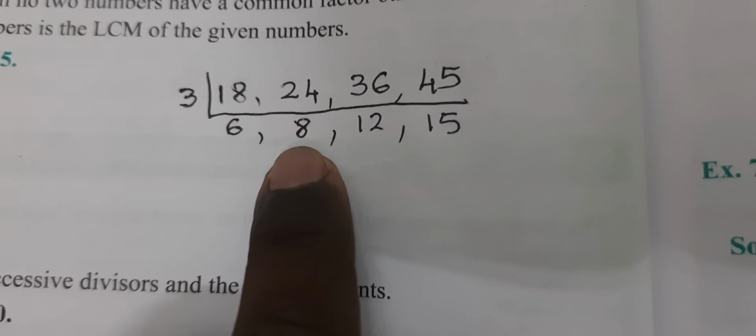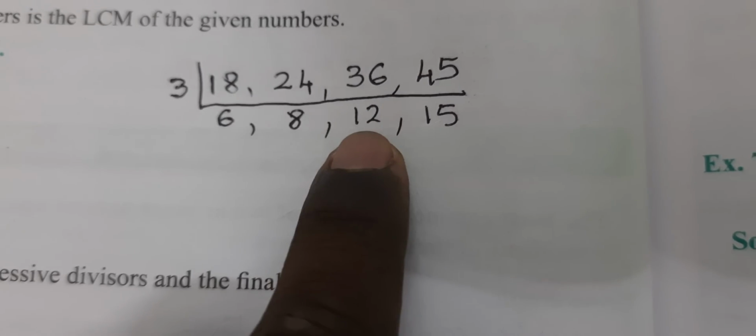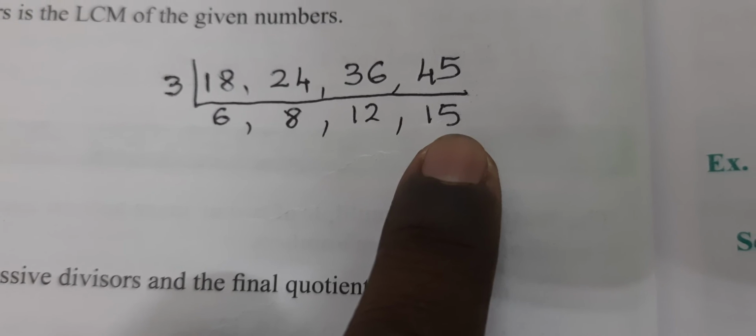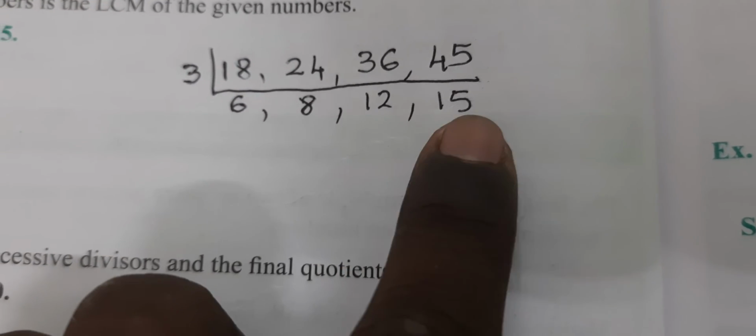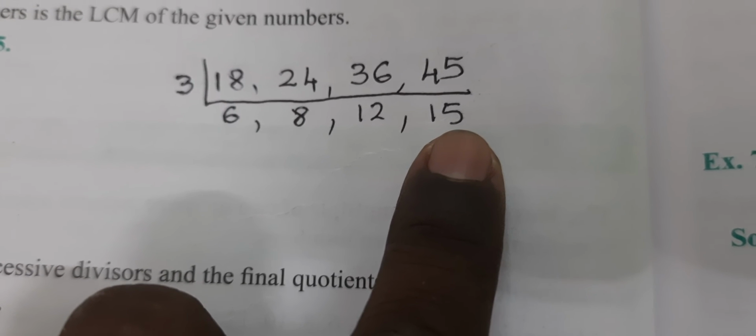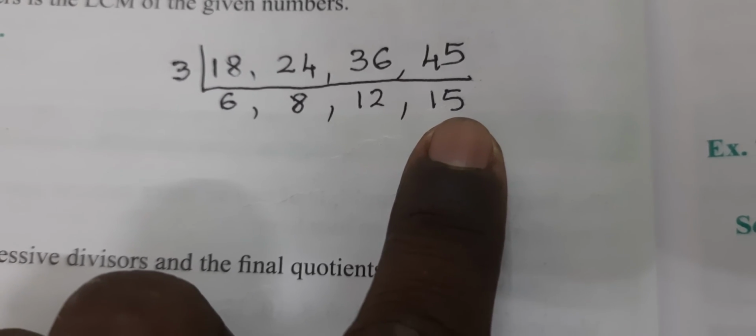If you think of using 2, 2 will divide 6, 2 will divide 8, 2 will divide 12 also, but 2 will not be able to divide 15. So there is no other table which will divide all these 4 numbers. So we stop.